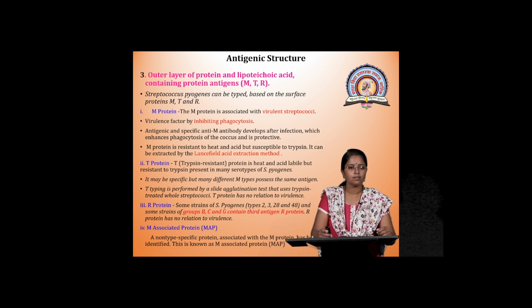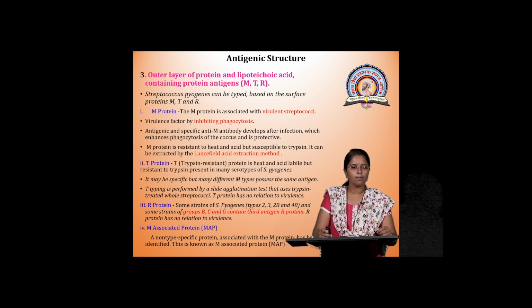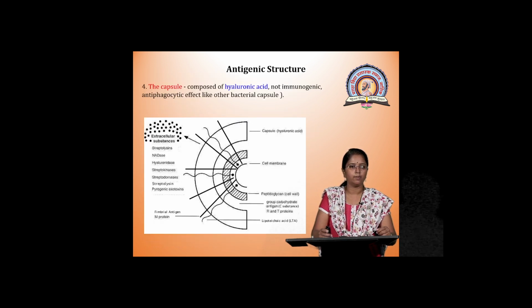R protein: some R strains of Streptococcus pyogenes and some of group B, C and G contain a third antigen, R protein. R protein has no relation to virulence. M associated protein, MAP, a non-type specific protein associated with the M protein, has been identified and is known as M associated protein.